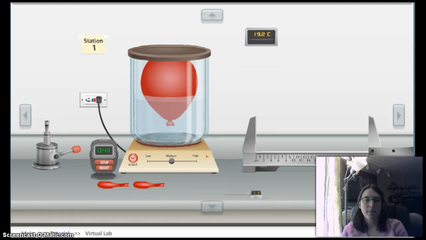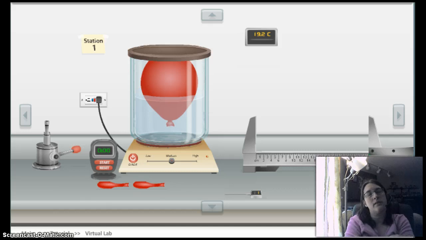The way that I like to remember this one is think about yourself when you go outside and if it's hot or cold. So if you go outside and it's 30 below zero, what does your body naturally do? You huddle up, right? You get as small as you can to conserve your body heat, and your volume got smaller. So when the temperature goes down, the volume gets smaller.